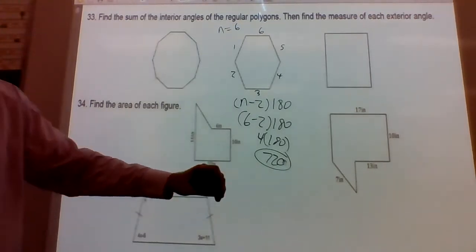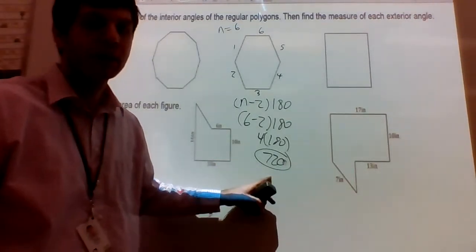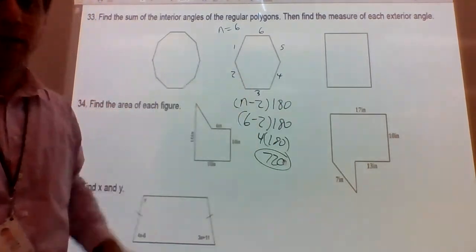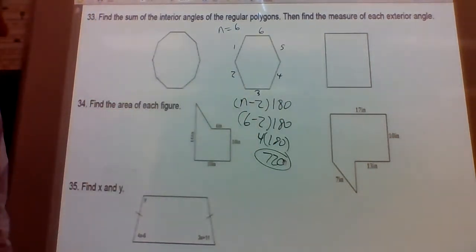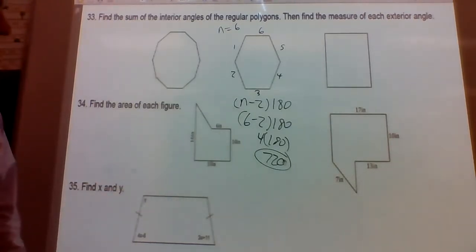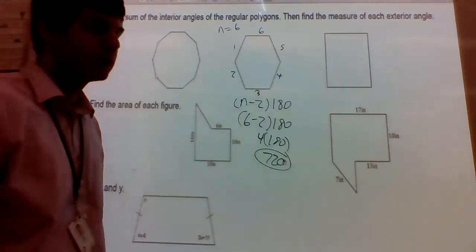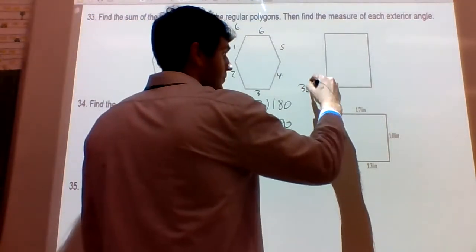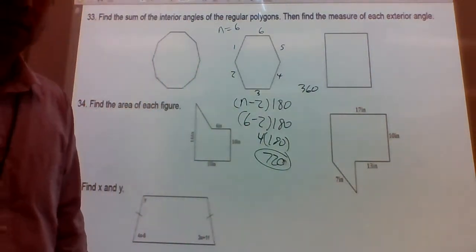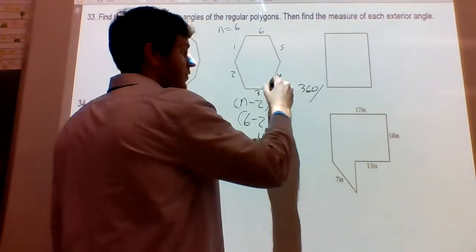If we wanted to find each interior angle, we would divide by the number of angles. There are 6 angles, so each interior angle would have been 120, which is 720 divided by 6. Now find the measure of each exterior angle. We know the sum of the exterior angles is 360. To find each exterior angle, we divide by the number of exterior angles.